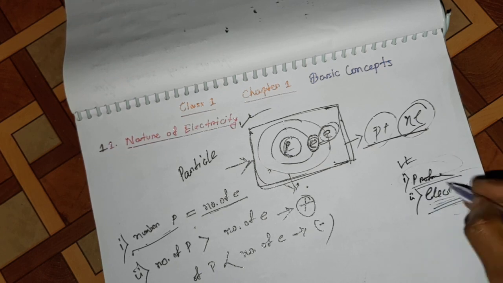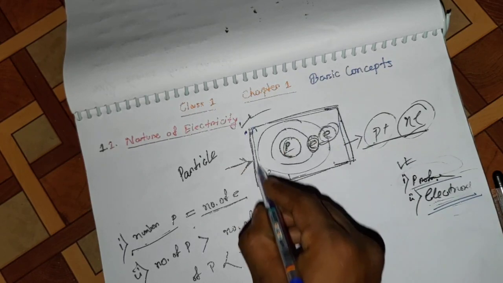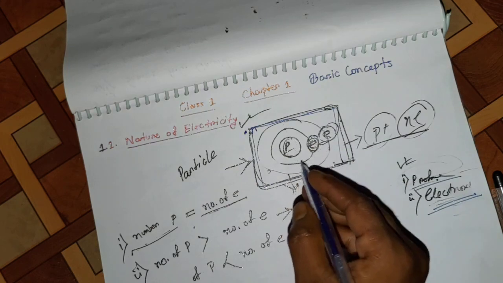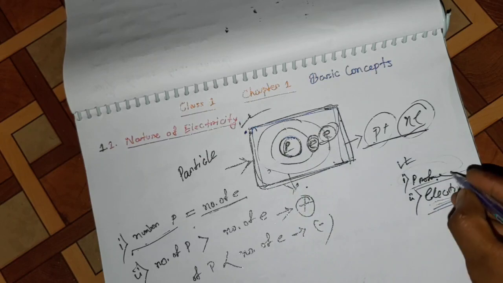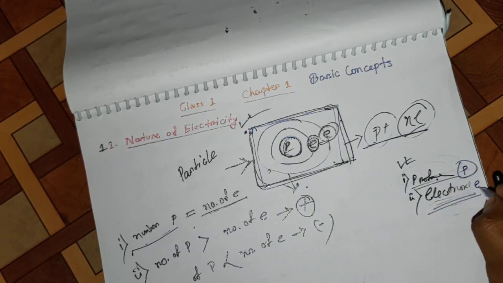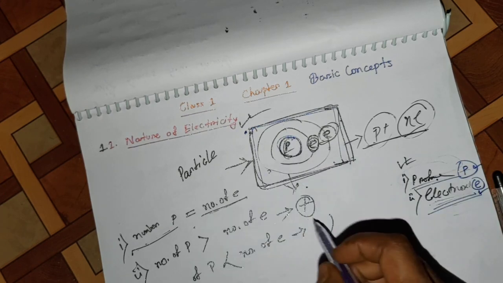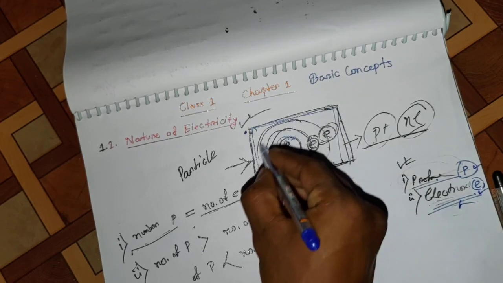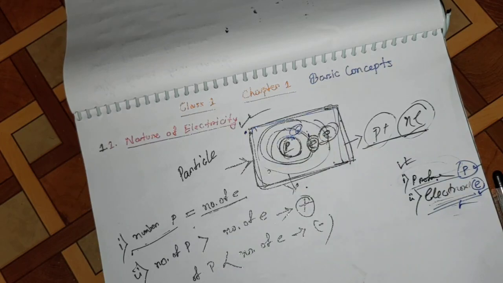Suppose this is one particle. Inside it we have the proton, denoted by P, and the electron, denoted by E. Proton stays in the center, and electrons stay in the outer orbits. Each orbit has electrons.